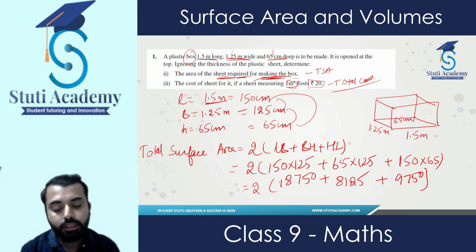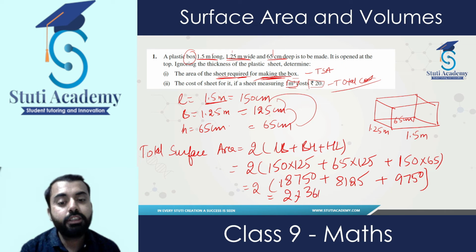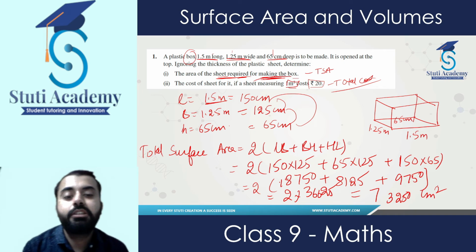Add those 9750 plus 8125 plus 18750, and you get 36625. Now you have to multiply it with 2, and you get 73250. So your area is 73250 centimeters square.